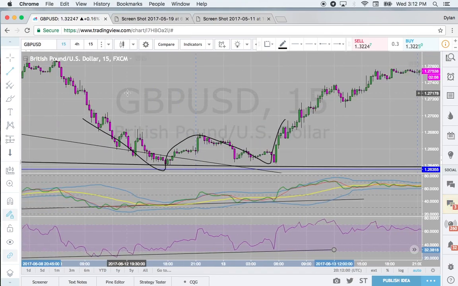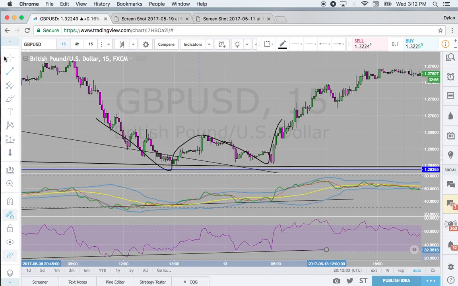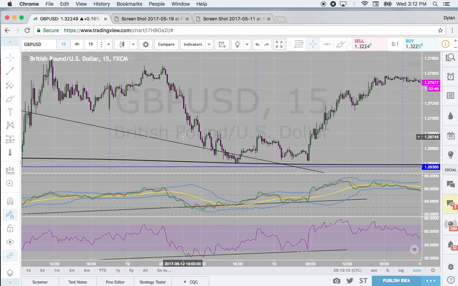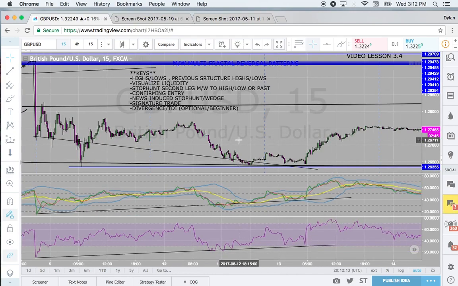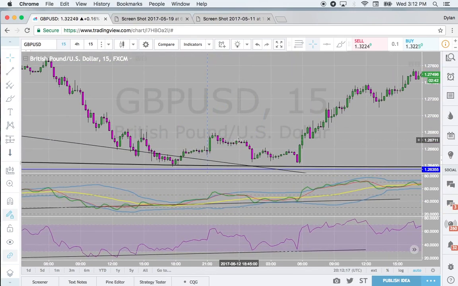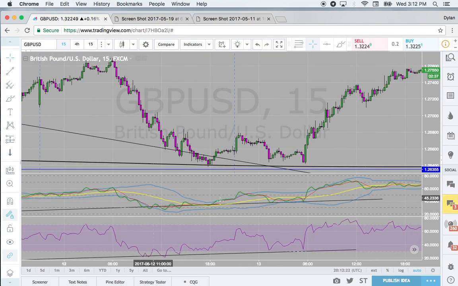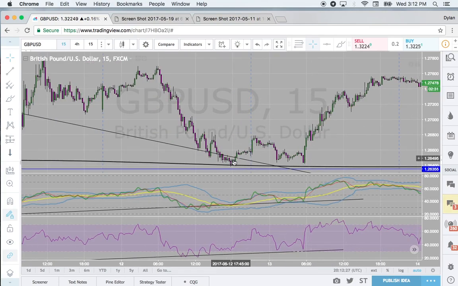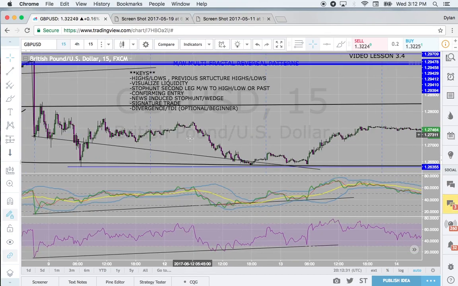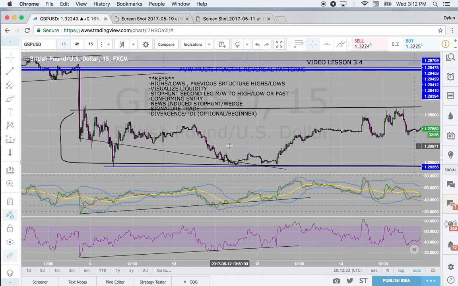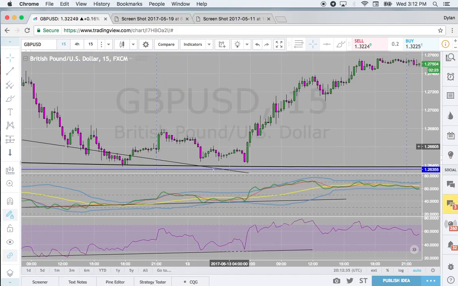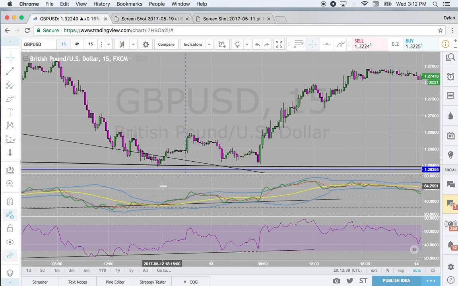So let's say we take this W formation and we want to know if this is the low. This is the low of the previous day, and the indicator shows us that there's a chance of this being the low and that it will start uptrending like the indicator is indicating.